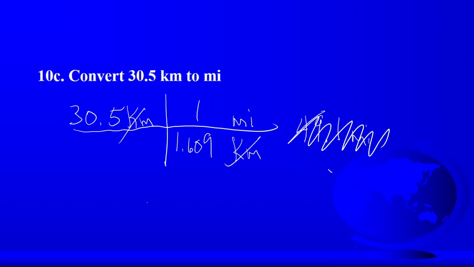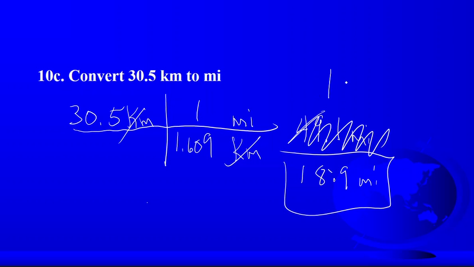No, he multiplied instead of dividing. Is it in the correct number of digits? Very nice. Good job, Chris. It's not rounded correctly. What does the calculator tell you, Chris? 18.95.